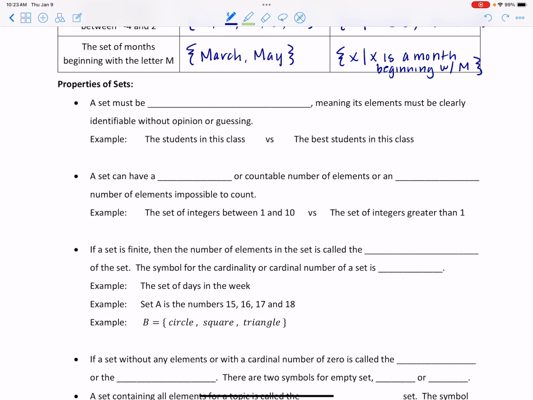First of all, when we are creating a set, at least in mathematics, but in general, we want it to be well-defined. For a set to be well-defined, it means its elements, the things that are in that set, should be clearly identifiable without any opinion or guessing involved.